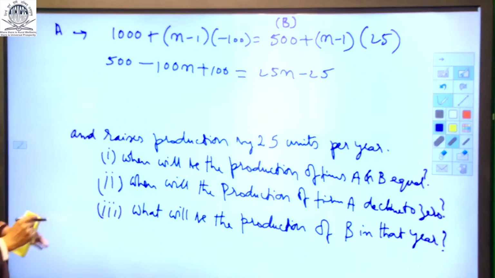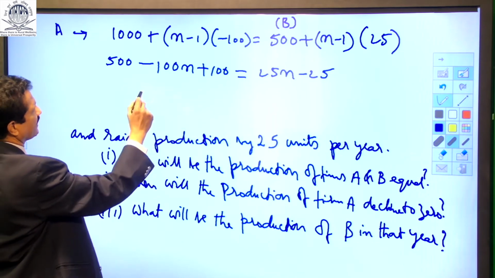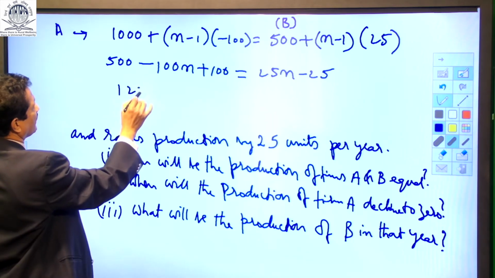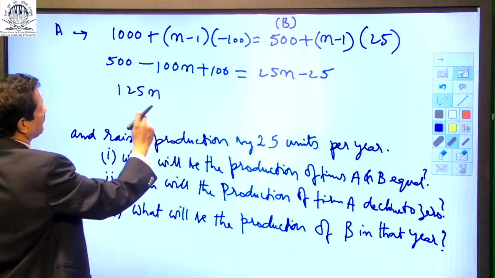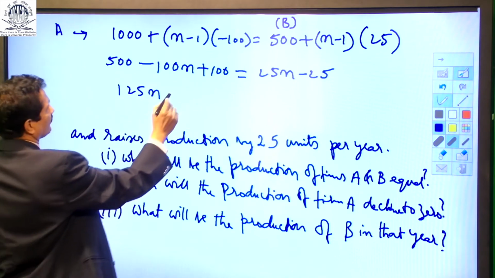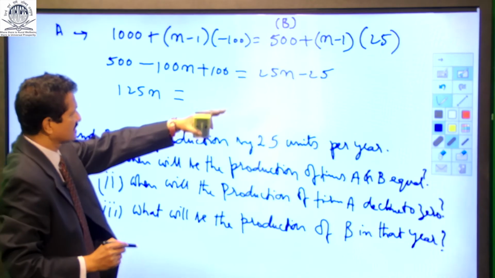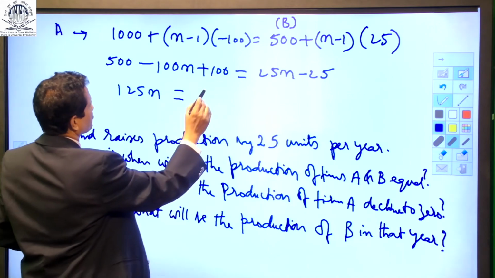Let me transpose all the terms to this side: 100n plus 25n is 125n, and this will be equal to 500 plus 100 is 600, bring this 25, it becomes 625.